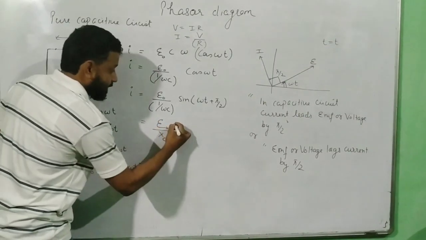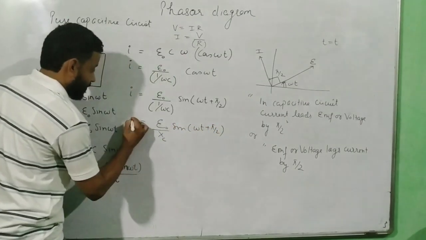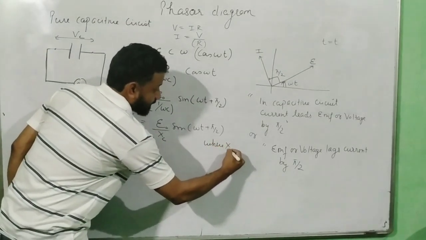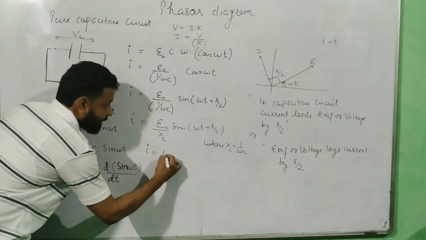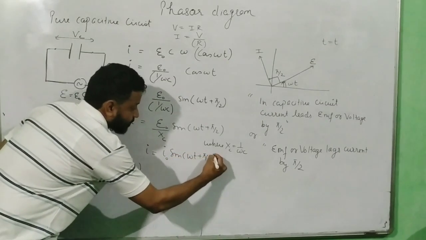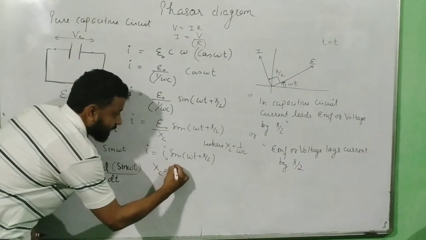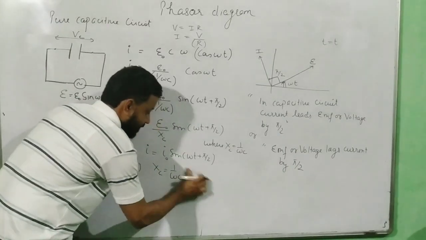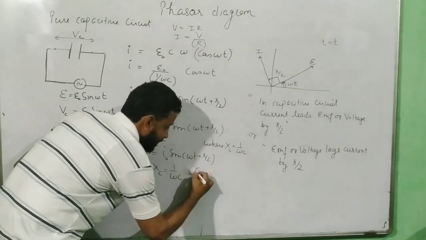So E naught by XC sine omega t plus pi by 2, where XC is equal to 1 by omega C, and this I can further write as I naught sine omega t plus pi by 2. Now what exactly is XC? The XC which I am writing as 1 by omega C refers to a name called reactance, capacitive reactance.